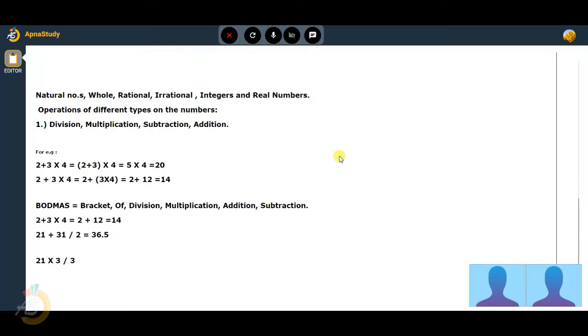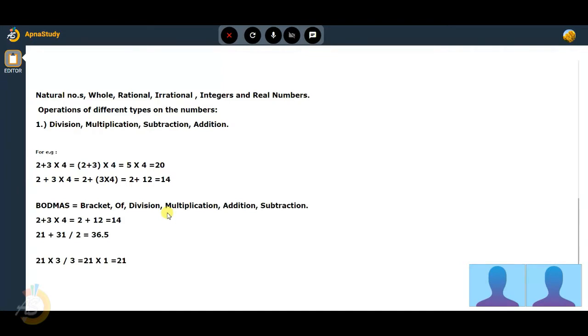Now what you would do after seeing the rule, you would just divide first 3 by 3, which comes out to be 1. Then you will multiply by 1. Correct? Yes, I will follow the BODMAS rules, where division is higher priority.